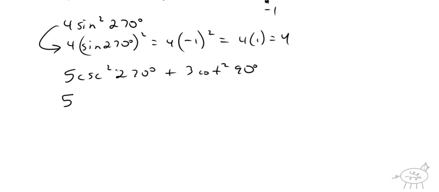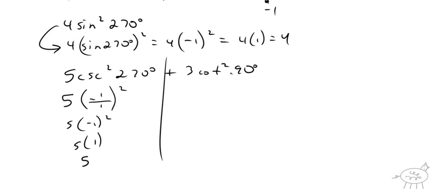And what's the sine of 270? Oh, yeah, we did that one already. Sine of 270 is negative 1. And cosecant is the reciprocal of that, isn't it? What's the reciprocal of negative 1? Just negative 1. So it's really 5 times negative 1 squared, right? Which is 5 times 1, which is 5. Okay, so that's that part.